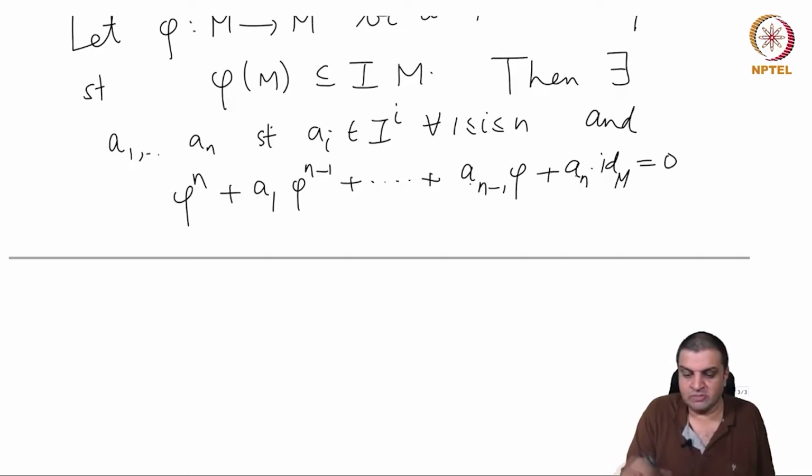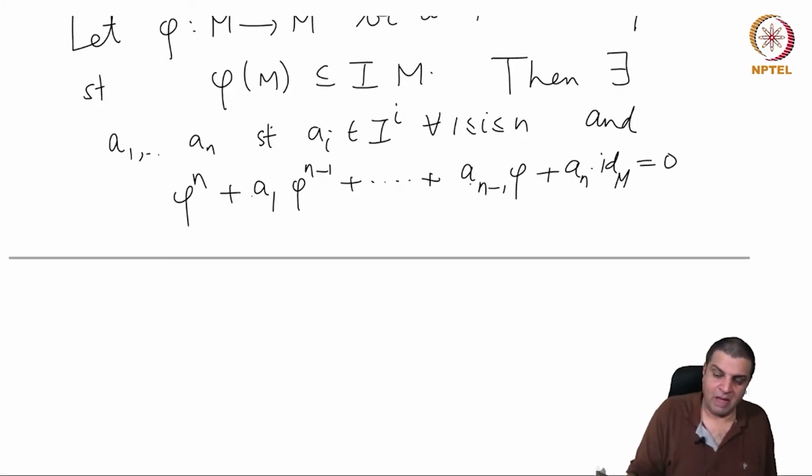Now where does this expression live? Because these are R linear maps, a1 is an element of the ring, so you can talk about a1 times a map, and we can talk about sums of such maps because maps form a module. So that's where this expression lives. Okay? So this is a statement about a certain map being 0.